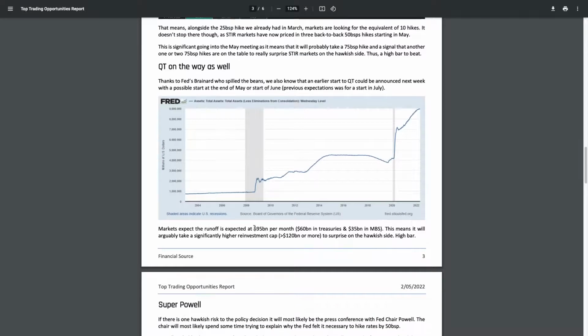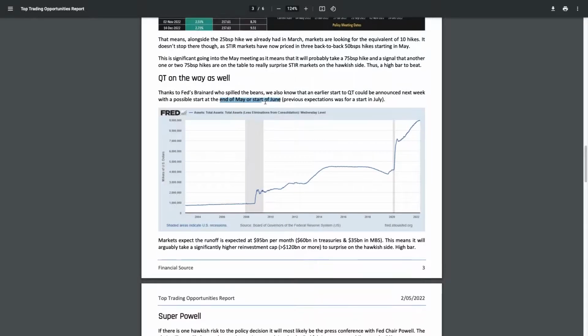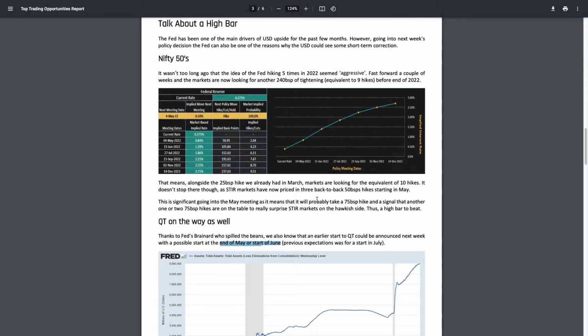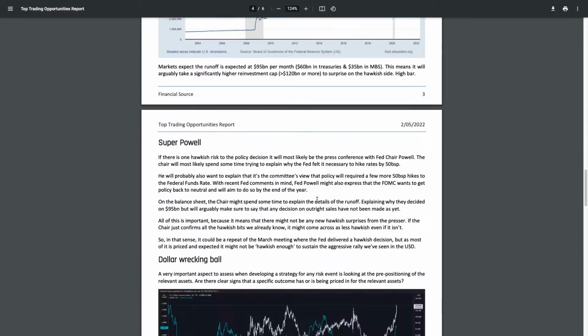Now, if there's a higher reinvestment cap of greater than 120 billion, that will be more on the hawkish side. So at the moment, possible start at the end of May or start of June. That's what's expected, right? So QT to be announced end of May or start of June, a 50 basis point rate hike expected today, and signaling 2 more, so a total of 3 back-to-back 50 basis points rate hikes.